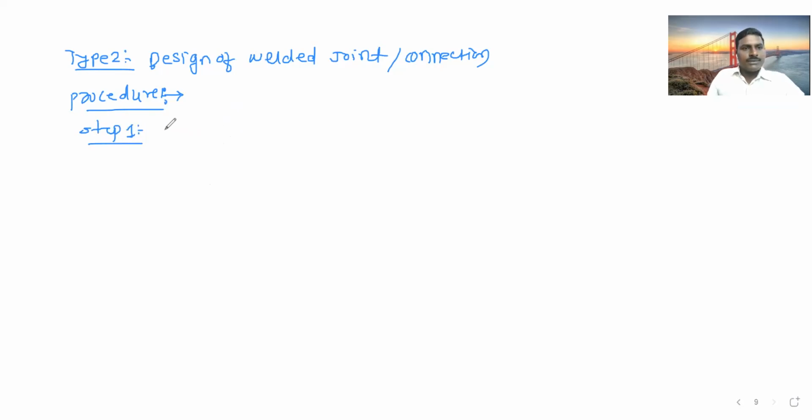Again, same. Calculate size of weld. Step 1 is again the same. Calculate size of weld. That is capital S. So how can we calculate size of weld? We have seen the procedure.